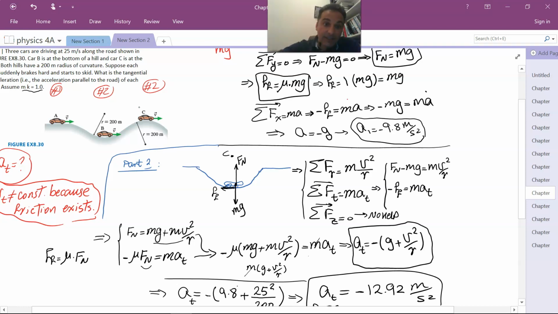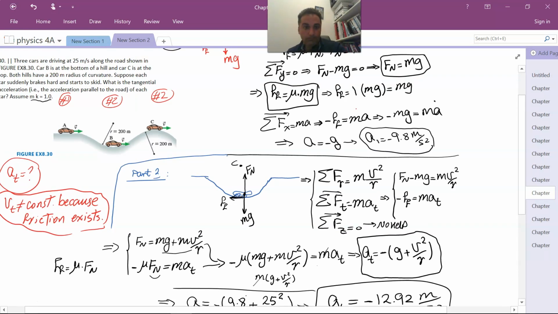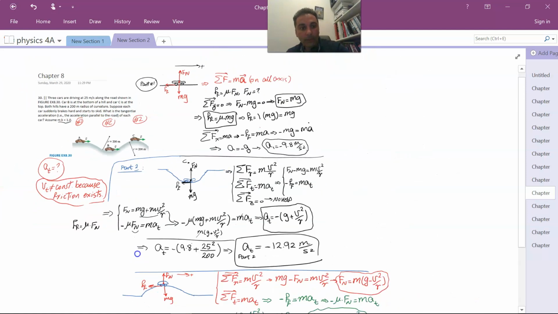That means you are flying out. You don't push the scale. It is weightlessness. Make sense? So this question is very similar to the Ferris wheel and the elevator question. Hope you liked it.